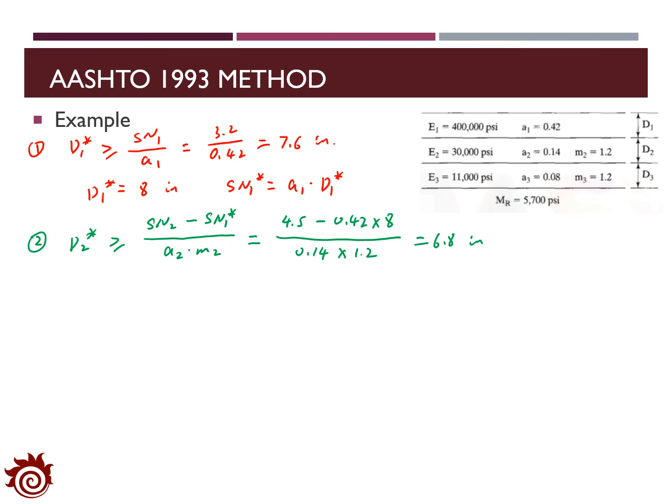Similarly, we will choose any value that is higher than 6.8. We will choose an integer number, D2 star as 7 inches.